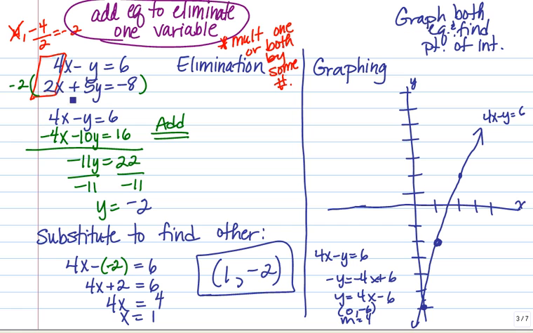If I wanted to graph 2x plus 5y equals negative 8, I would have to solve it for y. 5y is equal to negative 2x minus 8, and divide through by 5. So we get y equals negative 2 fifths x minus 8 fifths. So what I would do here is graph negative 8 fifths, which is really negative 1 and 3 fifths.